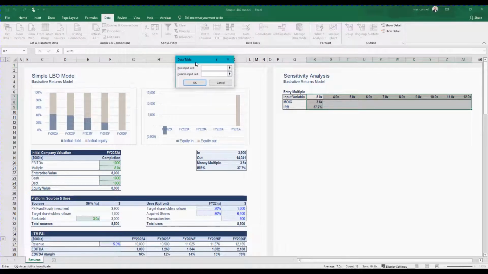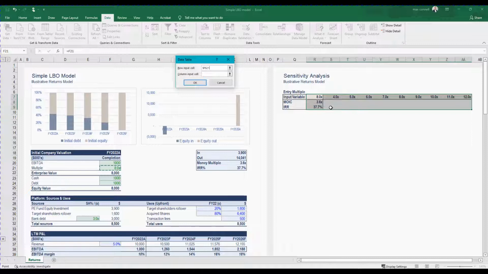And I always forget which one is which, but I'm pretty sure it's row input cell because each of these is going across the row. So we want to show where the input cell is. I believe we press that one there, which links it to the input cell.